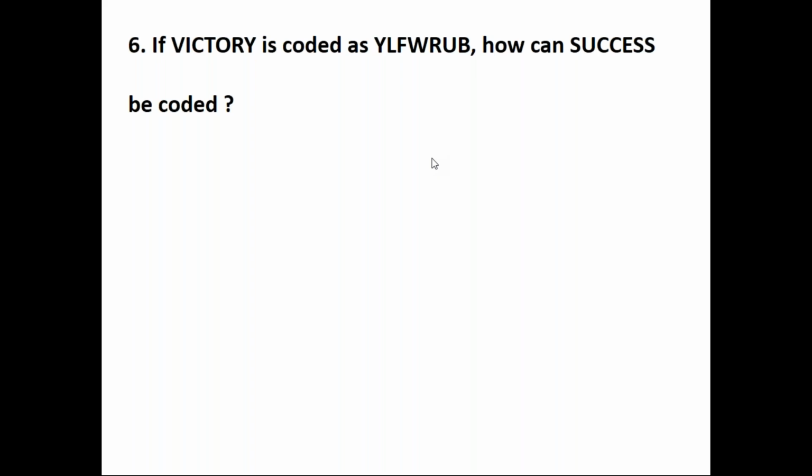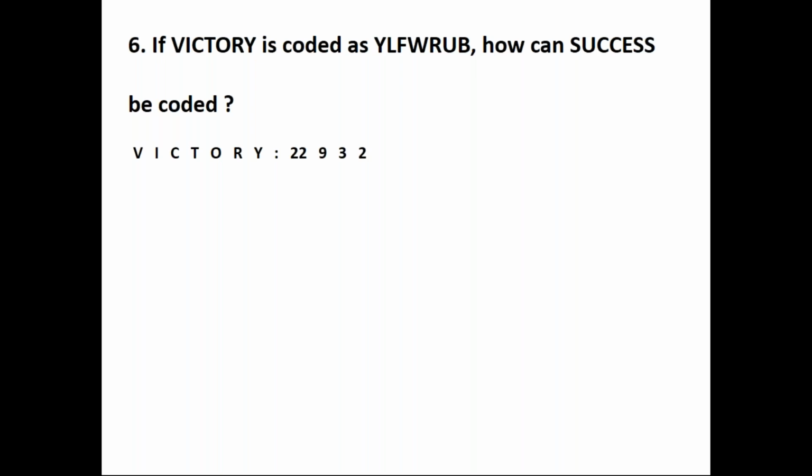V plus 2, I plus 2 is L. After I, J, K, then L. Continuing through the alphabet, after Z comes A, then B. So victory is coded not as plus 2, it is plus 3.